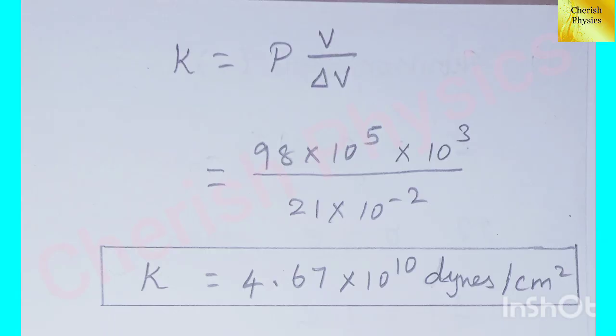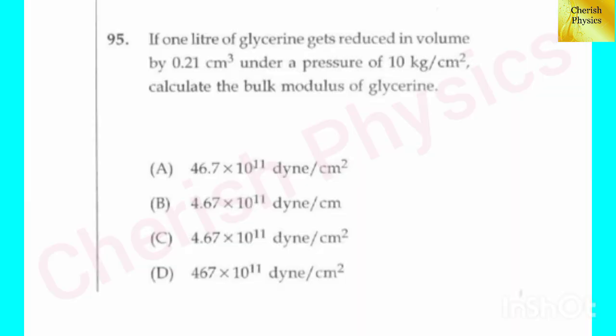For simplification, I have written 0.21 as 21 into 10 to the power minus 2. On simplifying the power terms, we get 10 to the power 10, and on cancelling, 98 divided by 21 gives 4.67. Hence, the answer is K equal to 4.67 into 10 to the power 10 dynes per centimeter squared. All the given options are incorrect.